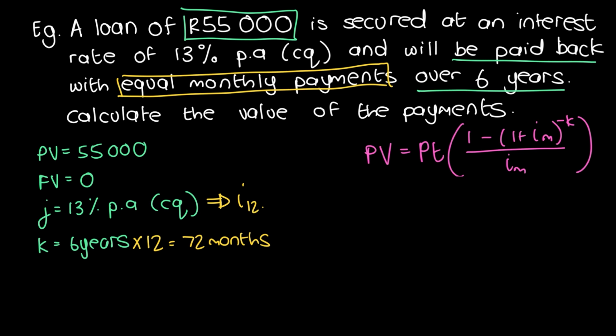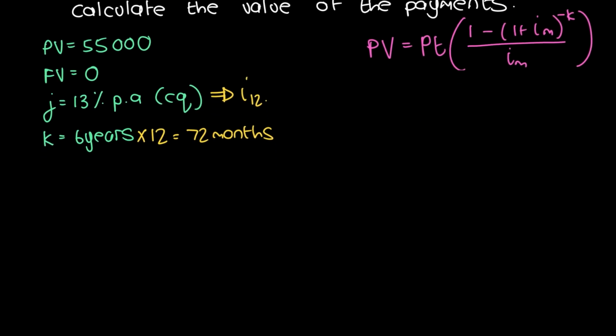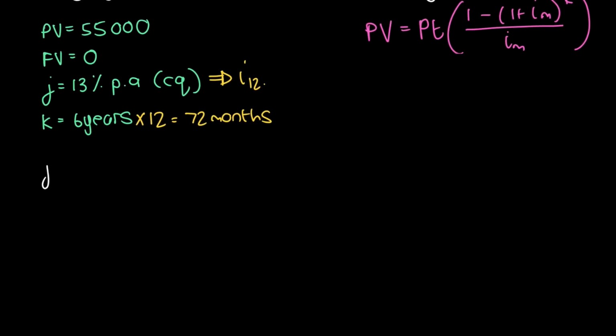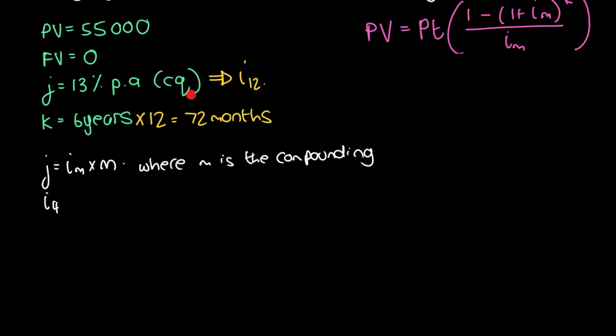Now, the first thing we're going to need to remember is that our J is equal to IM times M, where M is the compounding periods. So from our nominal interest rate there, we can get I4. We can't get I12, we can get I4 because our compounding period was in quarters. So that's what we're going to do first.